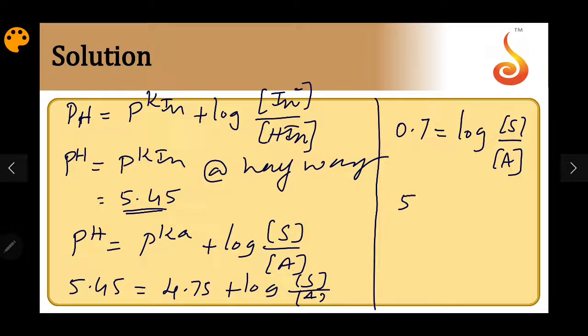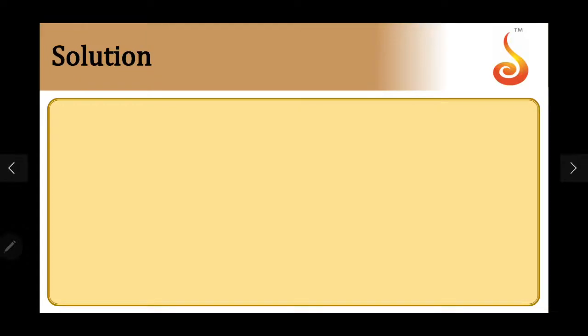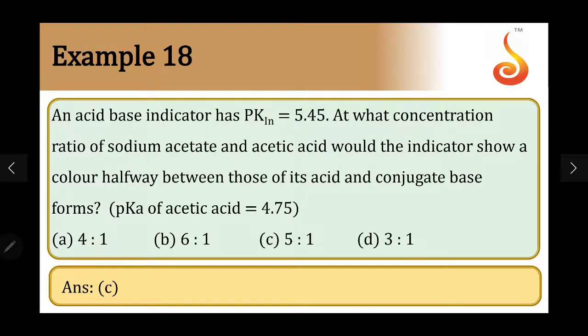So 5 is equal to salt by acid. So the answer should be salt is to acid equal to 5 is to 1. That's the ratio of concentration of salt and acid, 5 is to 1. So we'll go to the options. So the answer should be C.